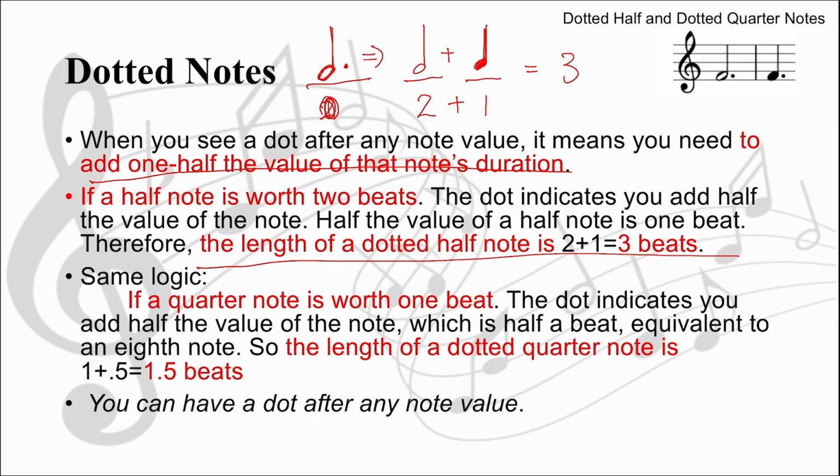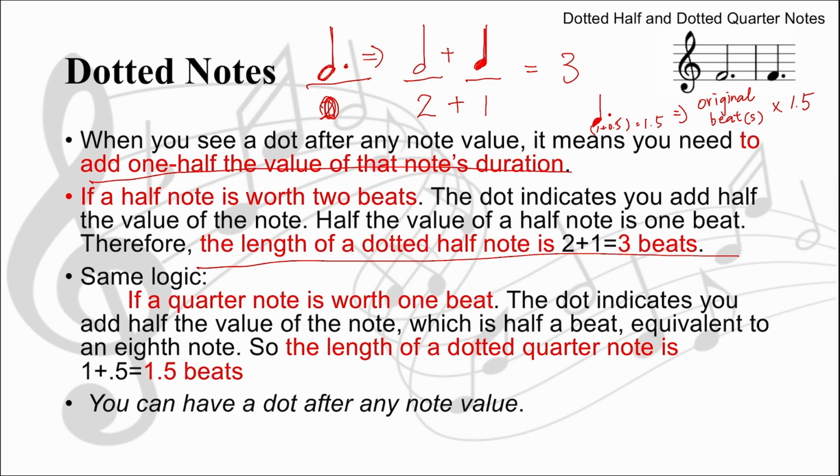So how to count is very easy. There is the original note, and the dot means 0.5, and this means 1. Together this will be 1.5. So the duration will be the original beat multiplied by 1.5.